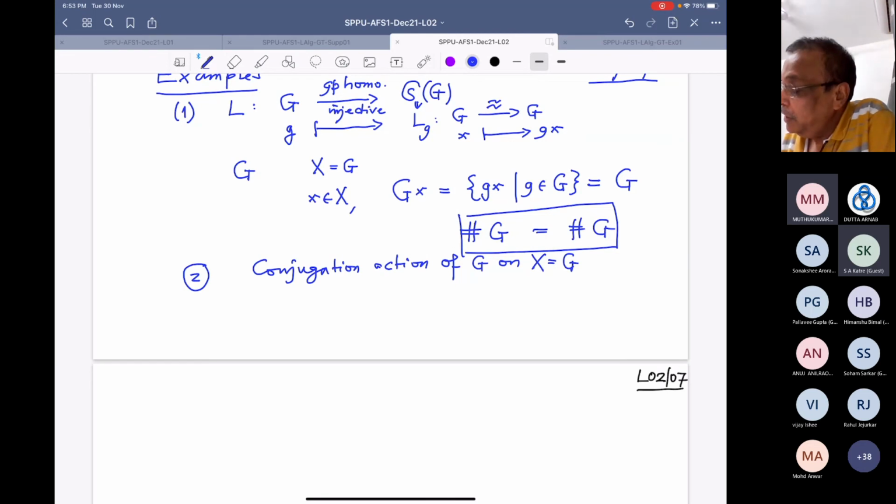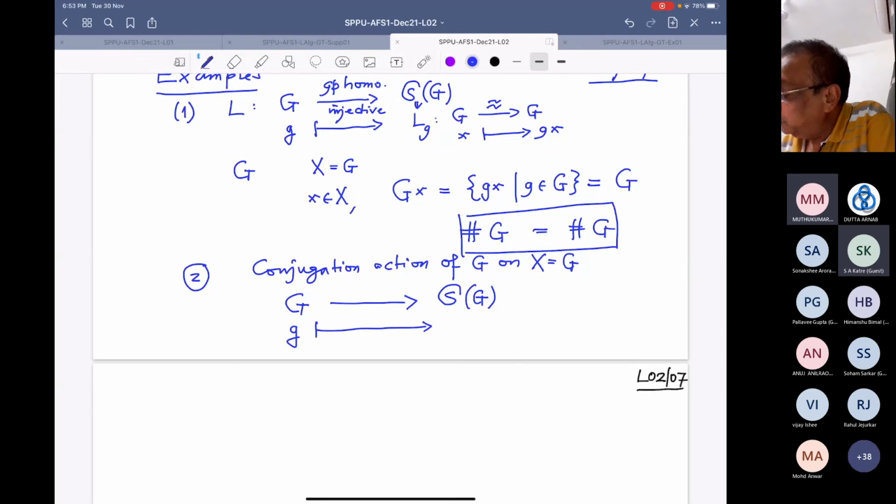That is from G to S of G. What is the map? g is going to kappa g. Kappa g is a map from G to G. It maps x to its conjugation, g x g inverse. And we have to check it is bijective. Then only it will belong here.